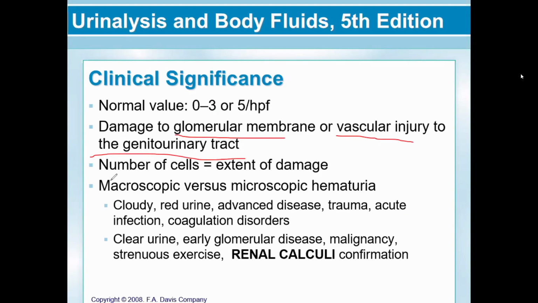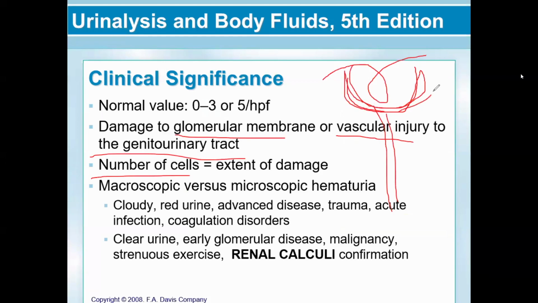So tandaan nyo, the number of red cells is equal to the extent of damage, lalong-lalo na dun sa ating glomerulus. Di ba sabi natin, this is the glomerulus, yun yung PCT ninyo. Di ba, we have here your afferent arteriole and then your efferent. Yung mga red blood cells natin normally are propelled back dun sa circulation due to the structure din nitong glomerular basement membrane natin. Meron siya na tinatawag na shield of negativity.